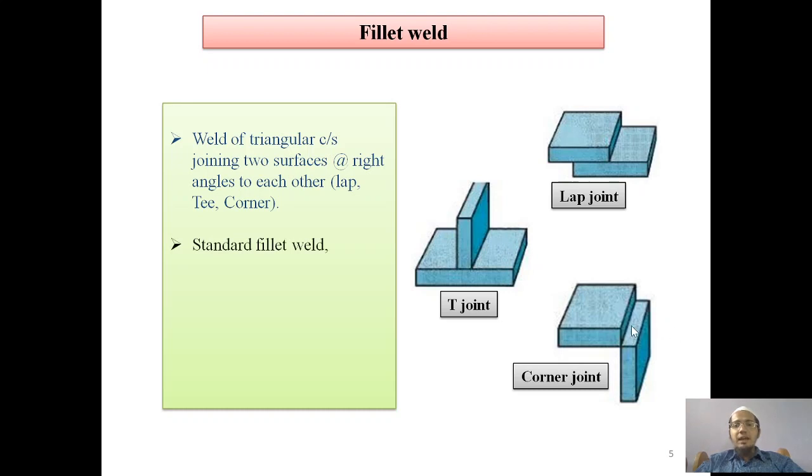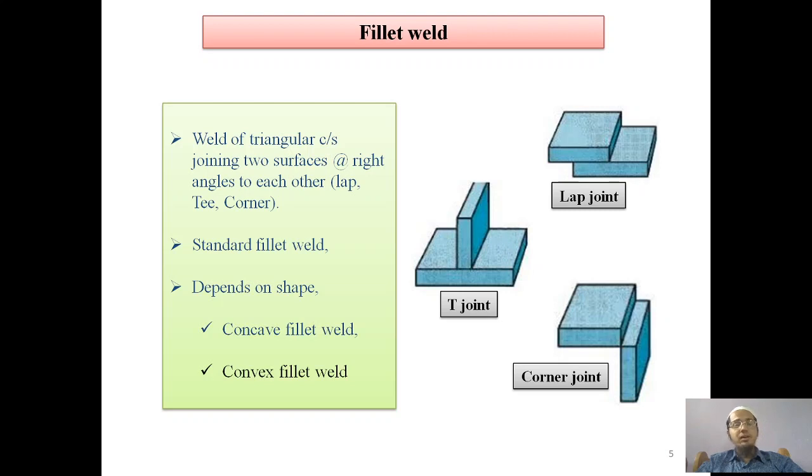Now, if the angle of this fusion or flat weld is about 45 degrees, then it is termed as a standard flat weld. And these flat welds are also termed as concave and convex based on the shape of the flat weld.